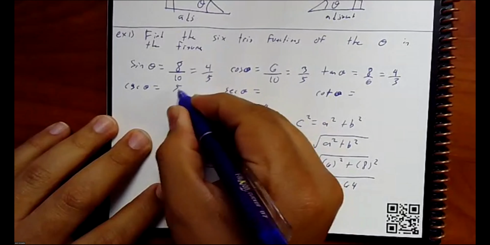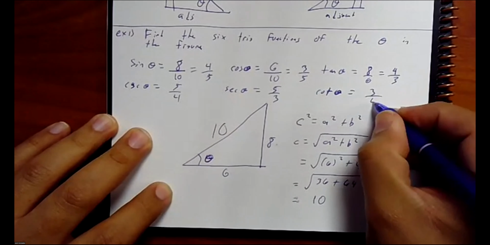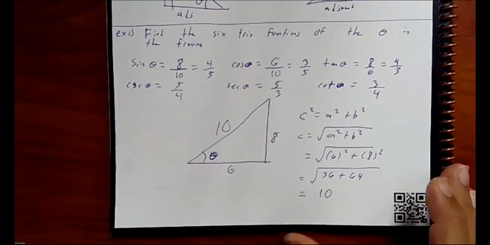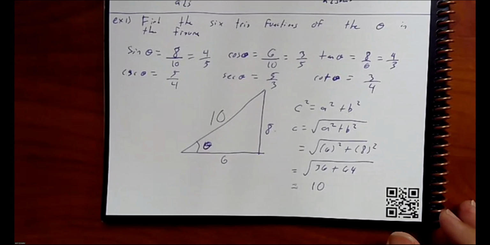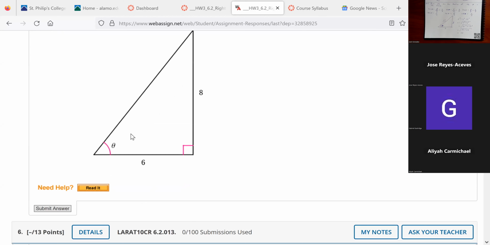So this would be 5/4, 5/3, 3/4. Any questions on number one? No. That's what they want here. They want those values in here using this triangle.